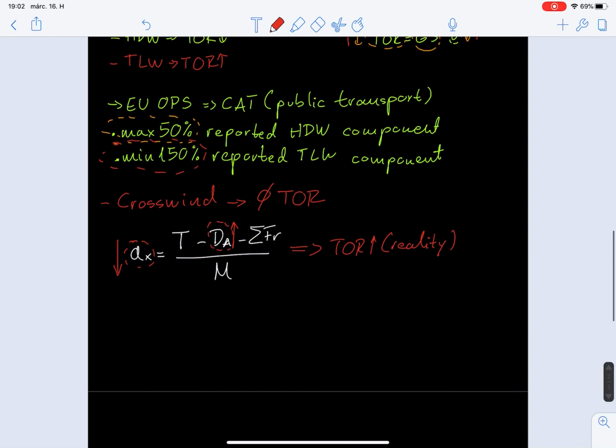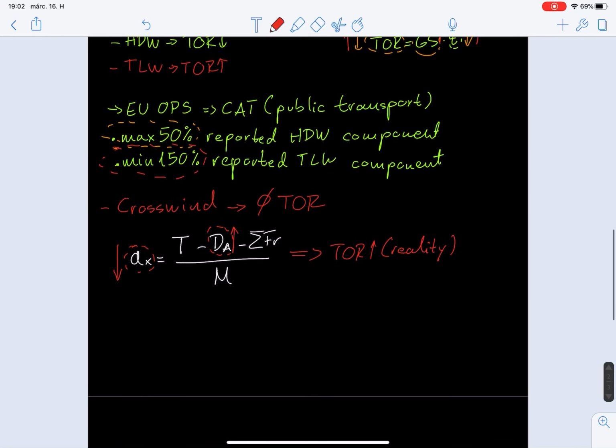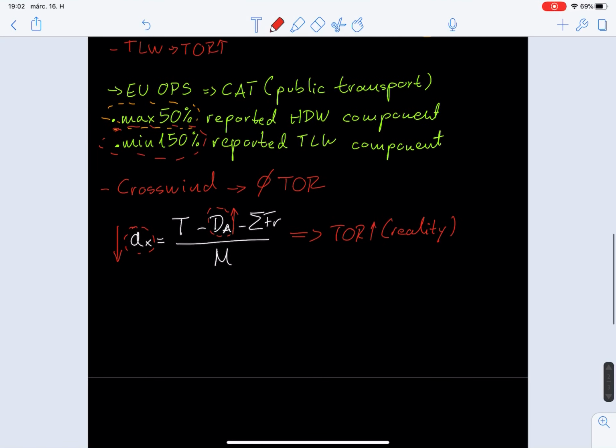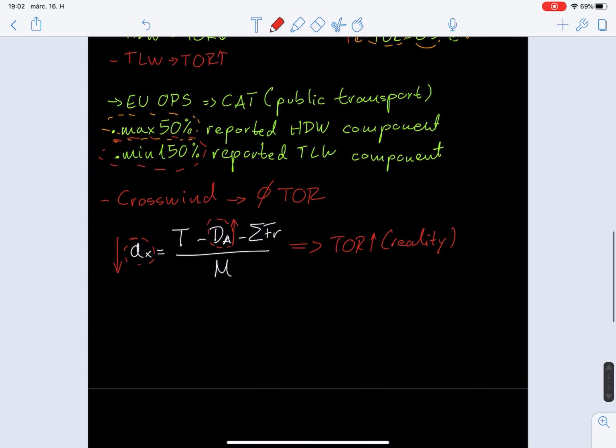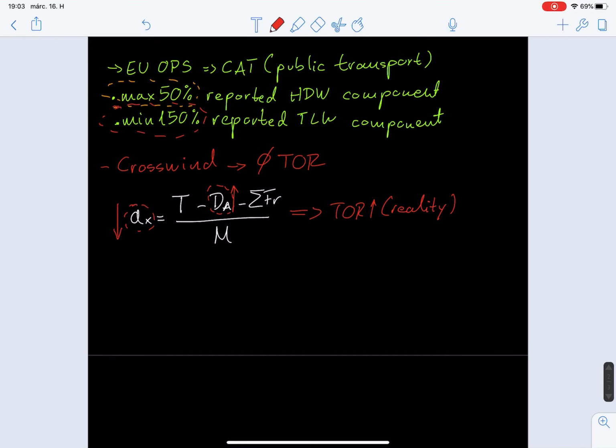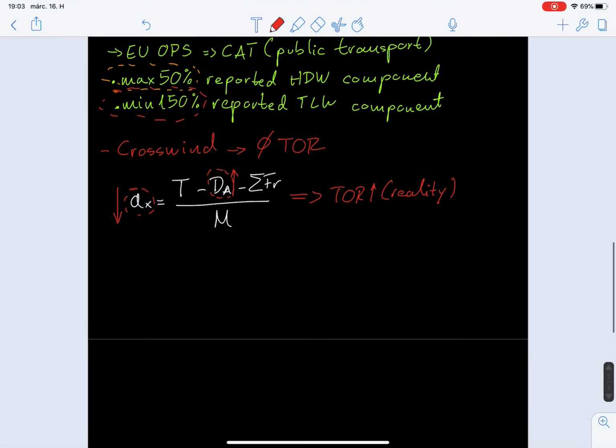However, we don't take that effect into account for the performance takeoff calculations, basically. But in reality as well, there is also always a crosswind limitation for the aeroplane, and the reported crosswind component cannot exceed the crosswind limitation of the aeroplane.